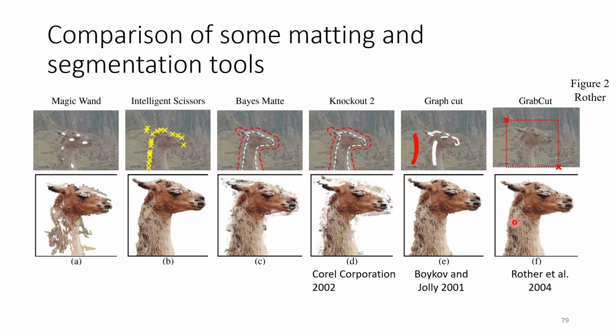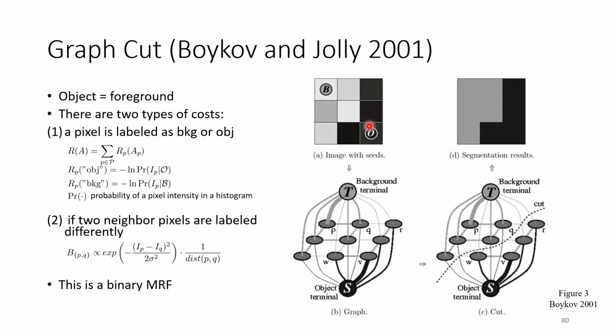So what is the relationship between graph cut and the GrabCut algorithm and the Markov random field? The reason is that the graph cut algorithm was proposed by Boykov in 2001. It models the segmentation problem as a Markov random field. So it's like this.